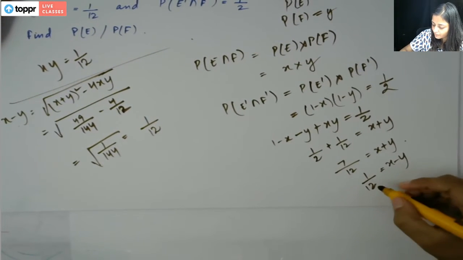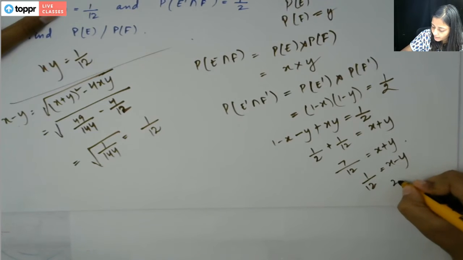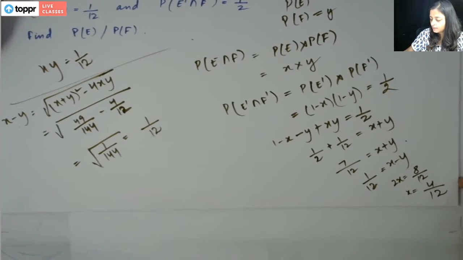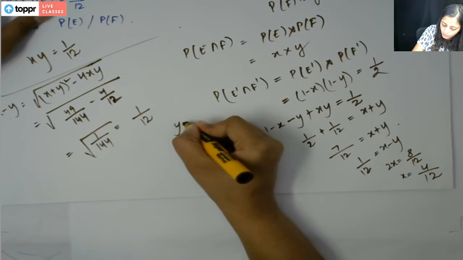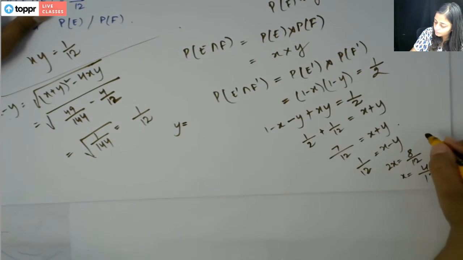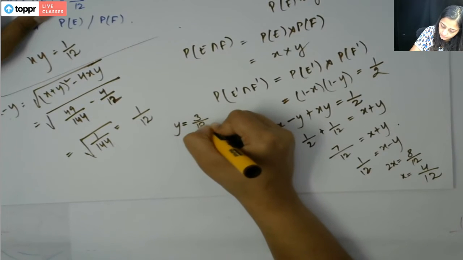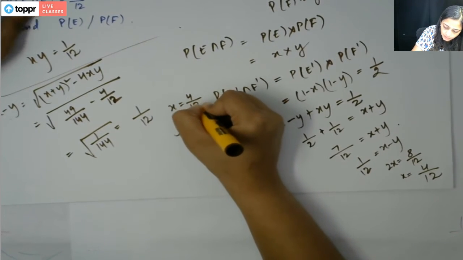Now when x minus y equal to 1 by 12 and x plus y is 7 by 12, we get 2x as 8 by 12 and x as 4 by 12. So we have got x to be 4 by 12, so y is equal to 3 by 12, and x equal to 4 by 12.